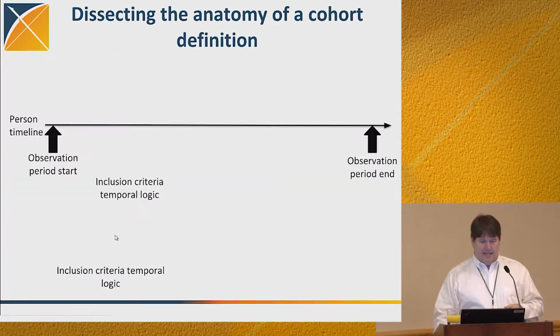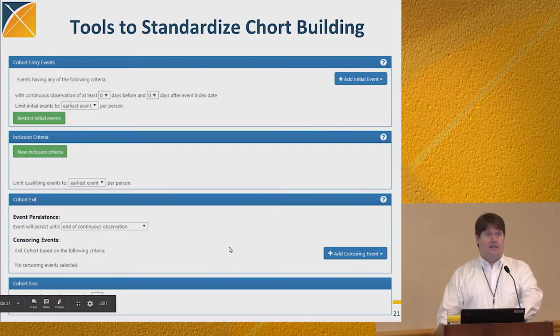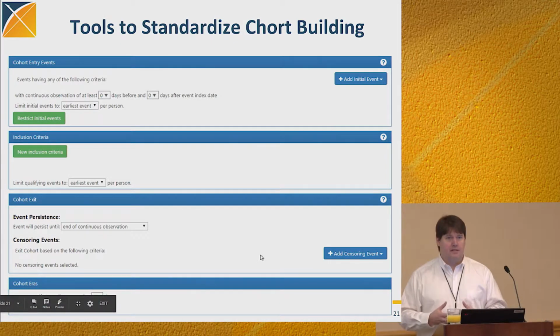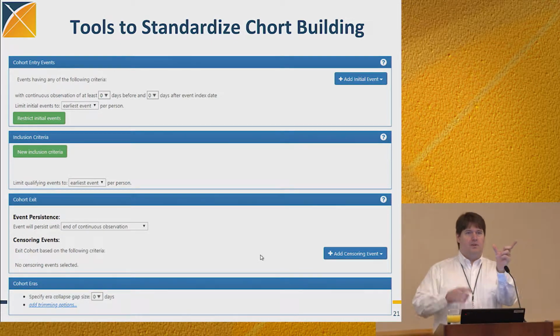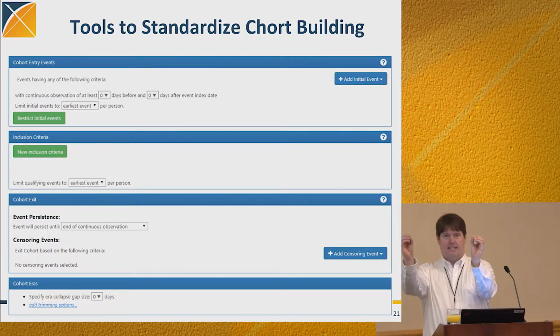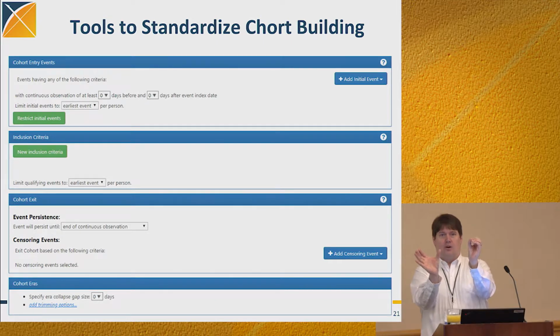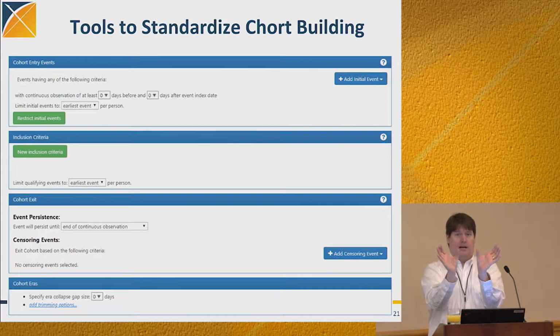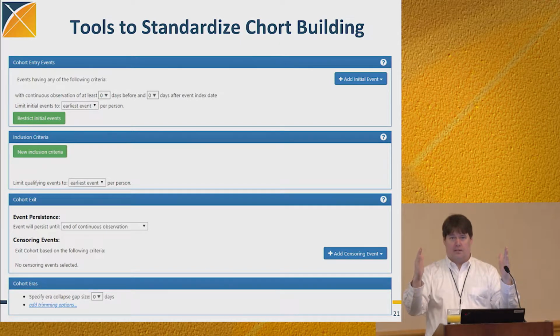So the last element of cohort definition is the cohort eras. After all the individual episodes that you've identified off of an event and an exit, those may lead to overlapping times with each other. Or they may lead to non-overlapping times, but like a one-day gap. Did you really want to leave them as two separate things, or did you want to allow them to come together and combine into one continuous thing?